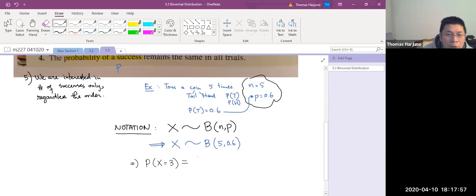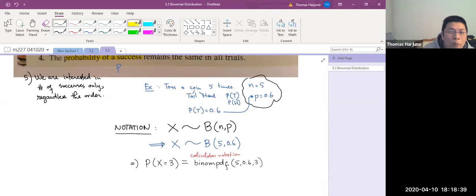When we answer this question, I want you to first write the calculator notation. You need to write that down. That will be binomcdf(5, 0.6, 3).